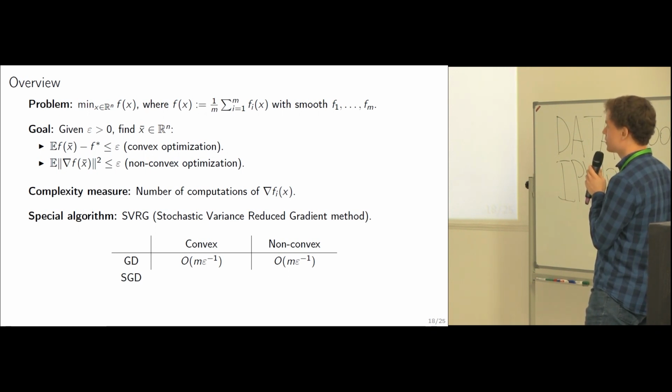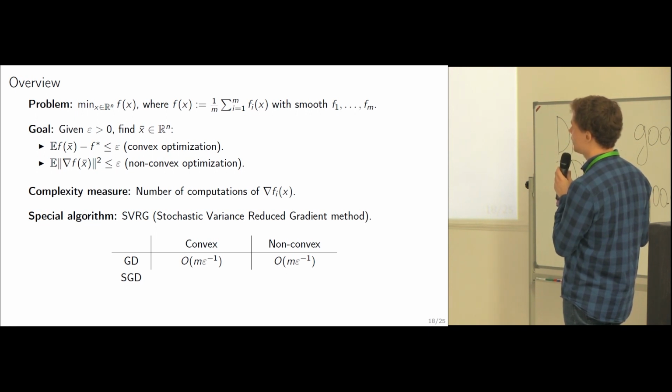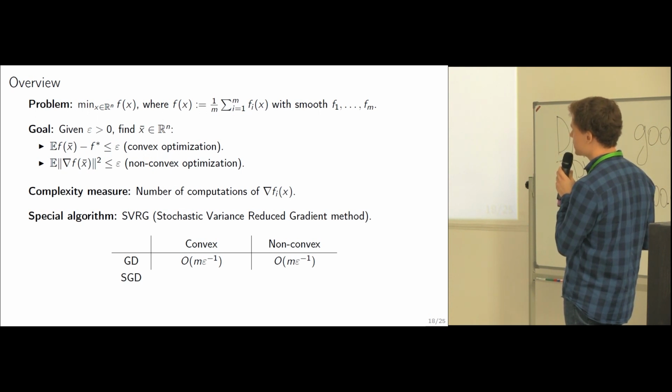So it's better than epsilon to the minus second of SGD. However, recall that each step of this gradient method requires computing the gradient of this function f. And to compute the gradient, we need at least m operations. So it means that the overall number of computations of these individual functions is m divided by epsilon.